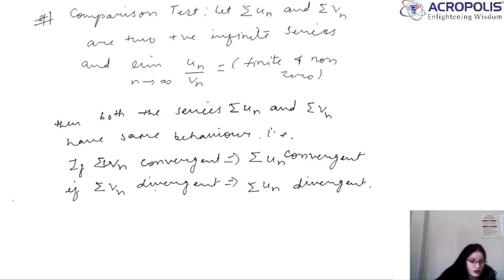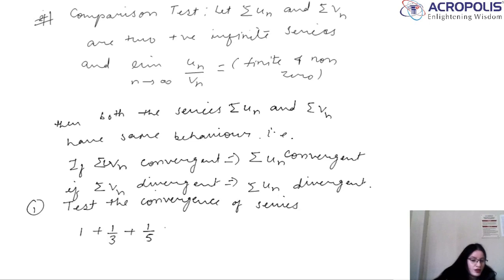First, take an example. Test the convergence of the series 1 plus 1 by 3 plus 1 by 5 plus, where the term is 2n minus 1, and so on.